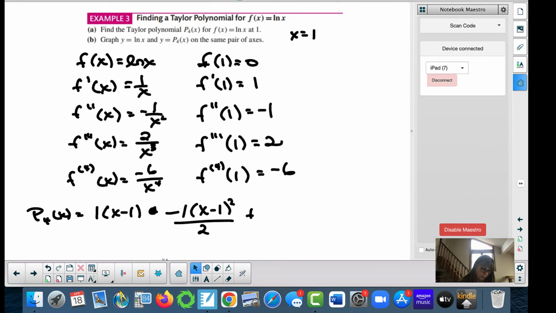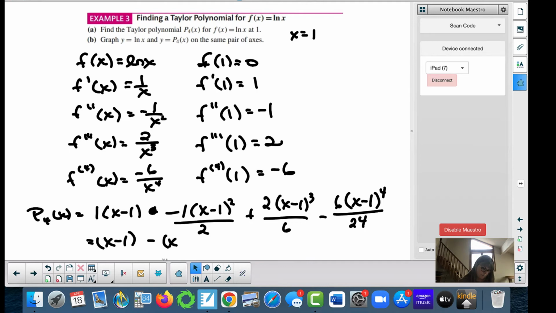Then we have 2 times x minus 1 cubed over 3 factorial, which is 6. And then 6 times x minus 1 to the 4th over 4 factorial, which is 24. And again, simplifying that gives me this polynomial.